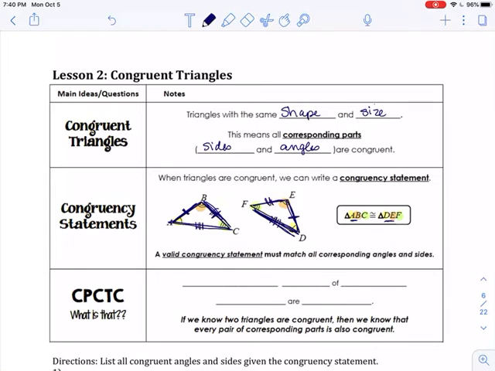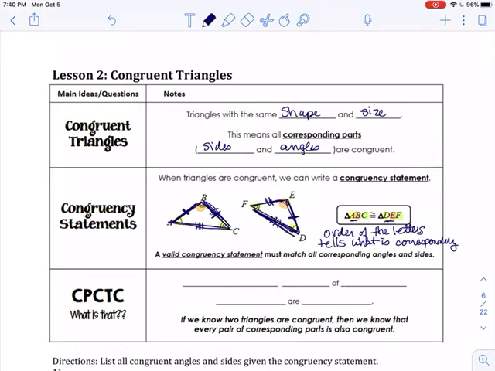To be congruent means that all three corresponding angles are congruent to each other and all three corresponding sides are congruent. The order of the letters tells us what is corresponding, what is matching up to each other.